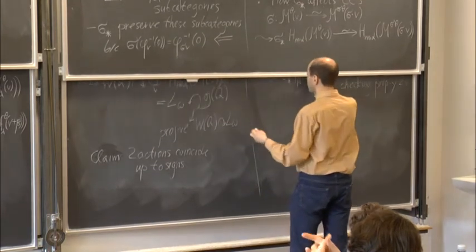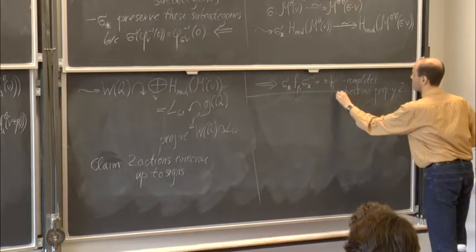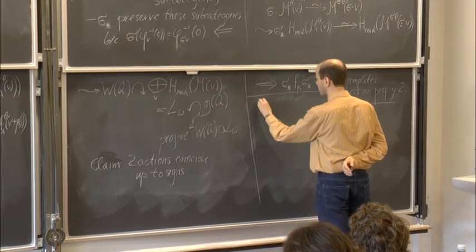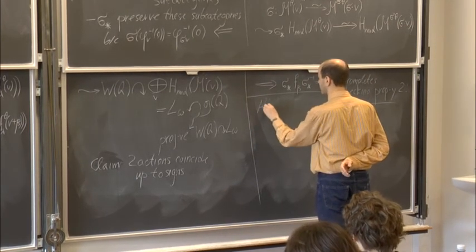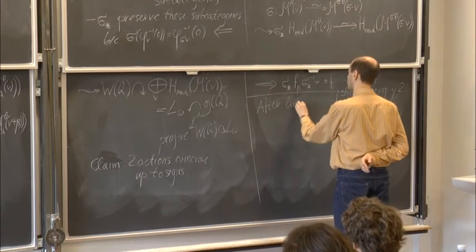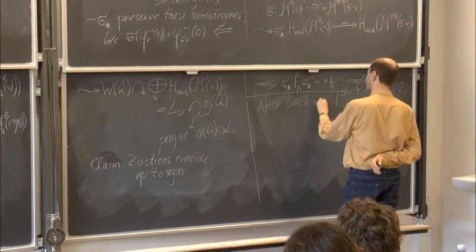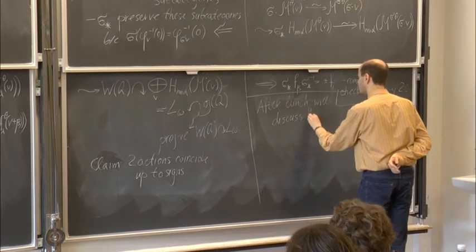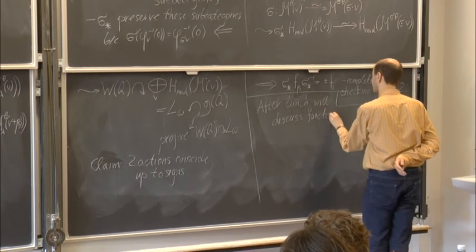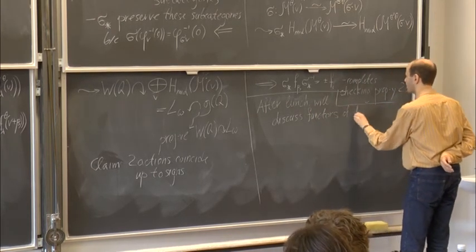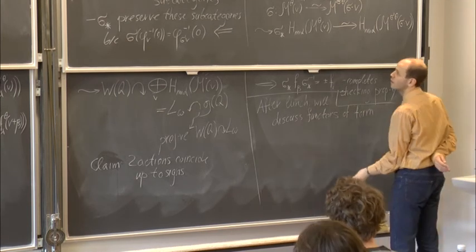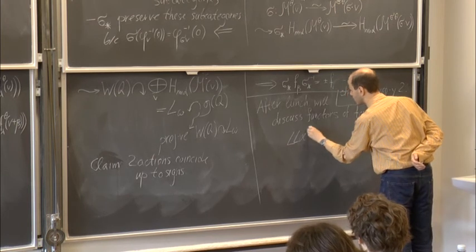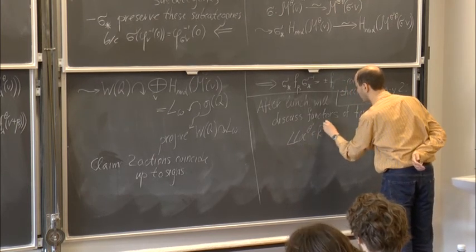I'm just going to tell you what's going to happen after this long break. So after lunch, we will discuss functors of the form like that: L log theta prime composition with R gamma theta.